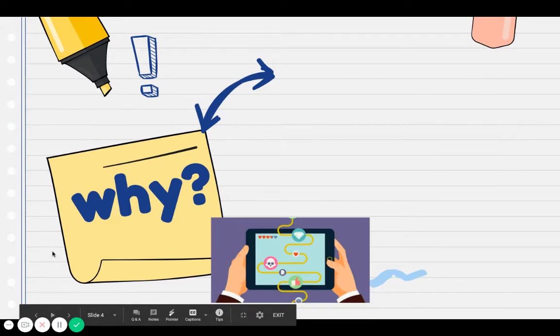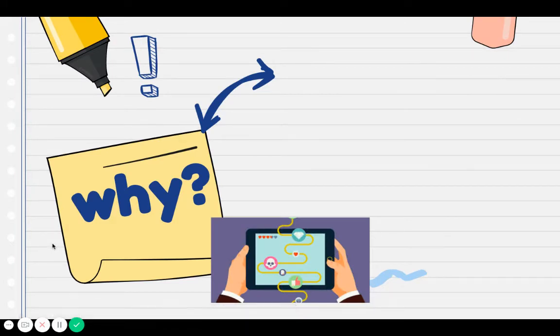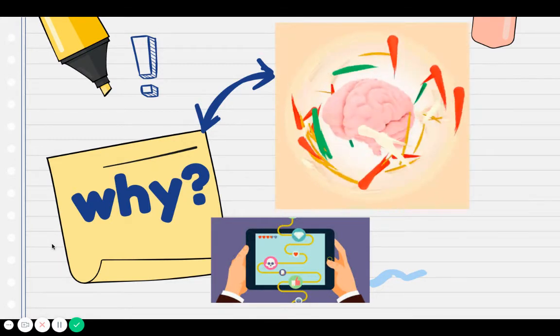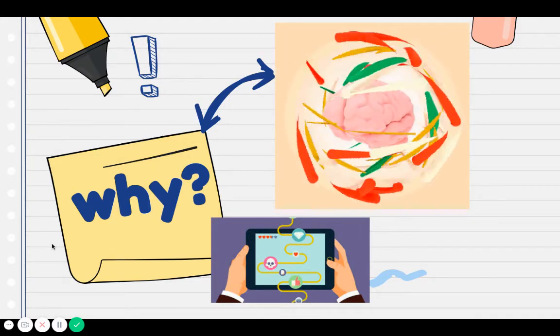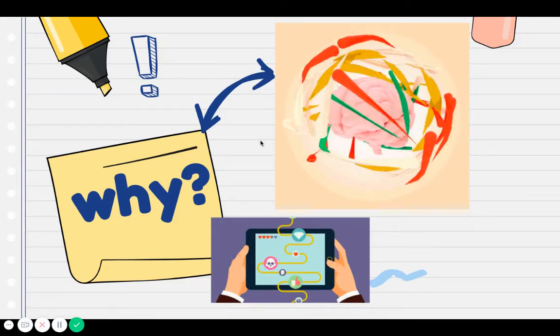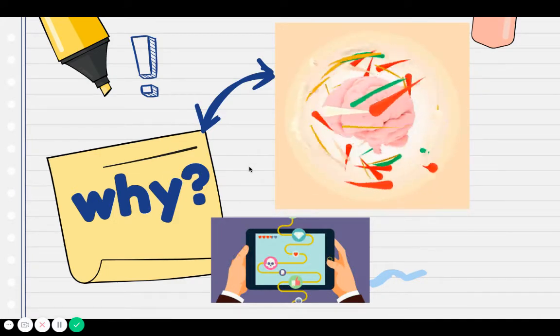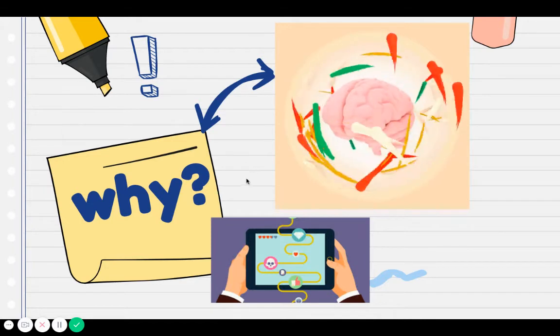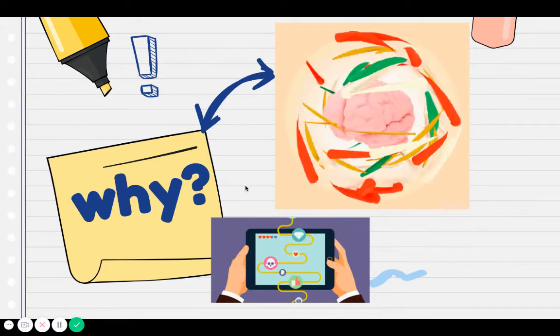Why do we want to do that? There's tons of research on the benefits of gamification, but for sure we know that the kids are going to be more engaged. Their brains are going to be more open to learn. They're going to be willing to practice these things more often, especially if there are elements such as leaderboards and things like that.